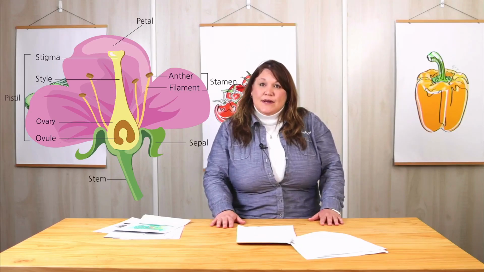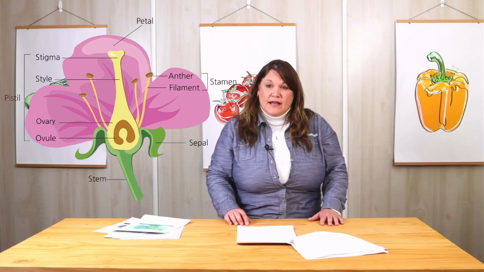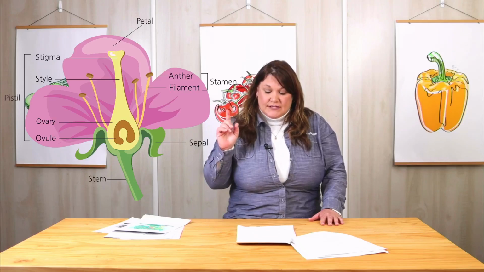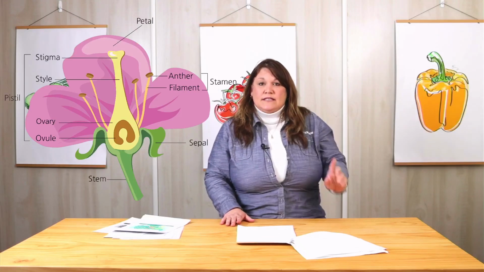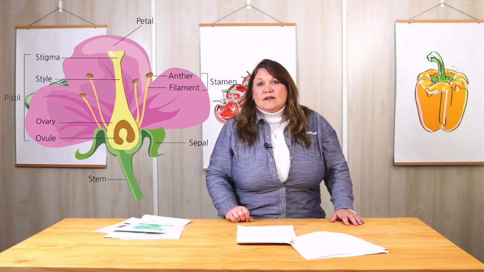Trees we know are anything over 12 feet in height, and usually have one main stem or trunk, and a shrub is going to be less than 12 feet and usually have one main stem, but it can also have varying stems.